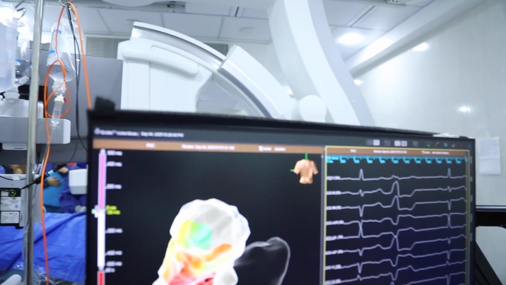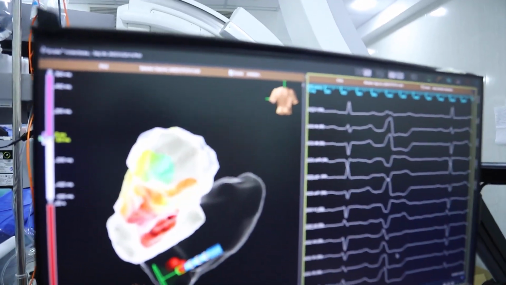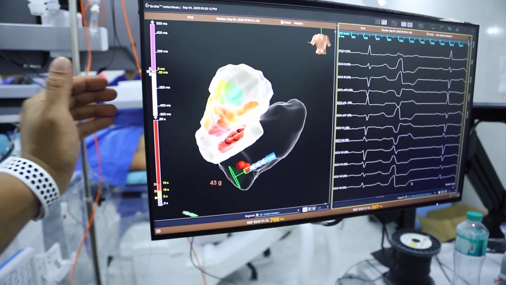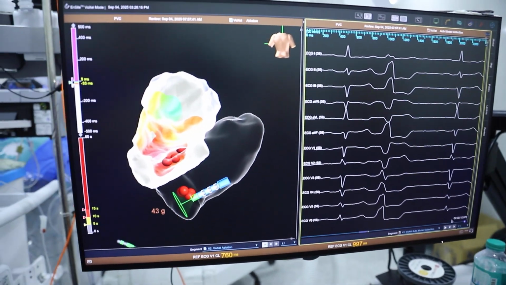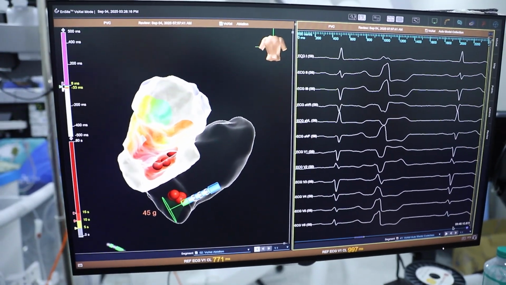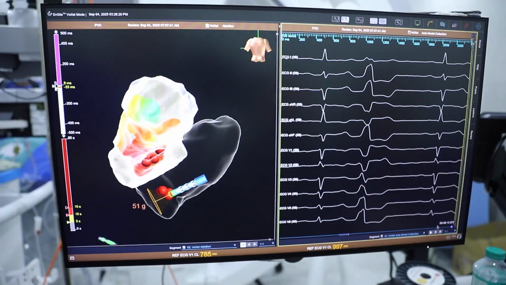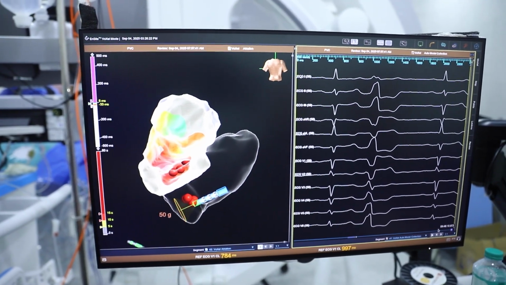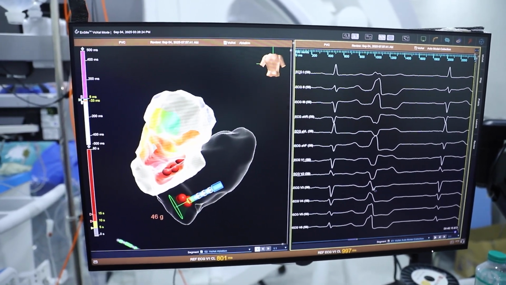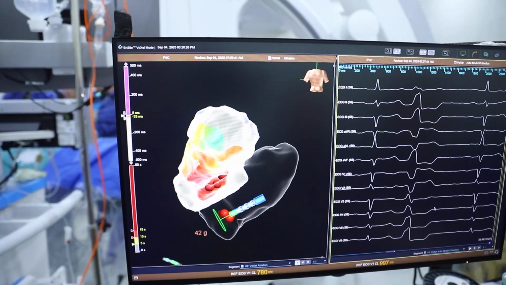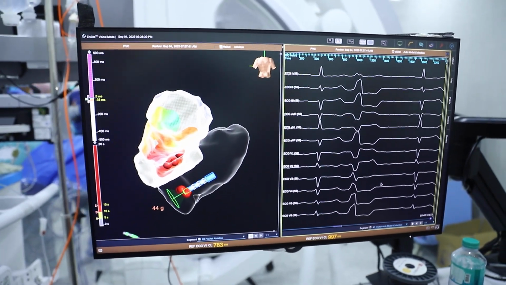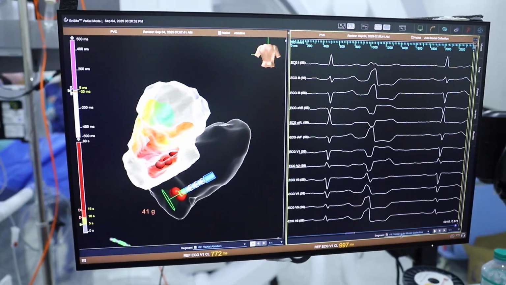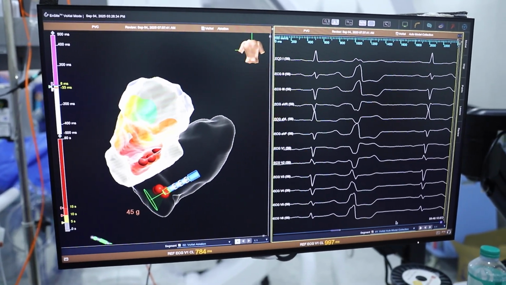Localization here? So first, when we look at the ECG, we can see that the PVCs have an inferior axis, positive in 2, 3 and AVF. The transition occurs in V3, so this may be from the RVOT or LVOT, but the transition in the PVCs precedes the transition in the sinus.